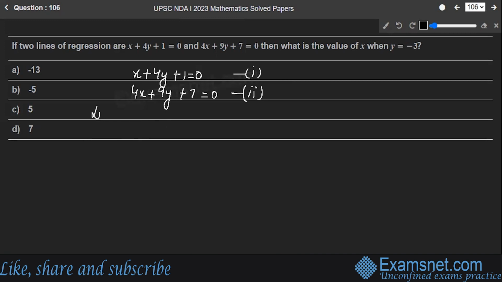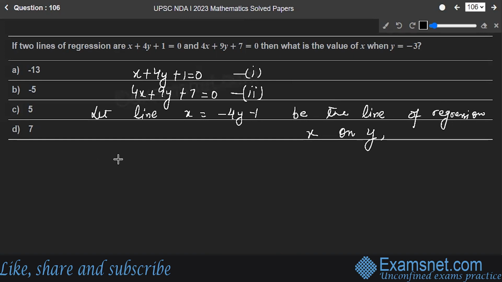So let line x is equal to minus 4y minus 1 be the line of regression of x on y. Then the other one will be the line of regression of y on x.